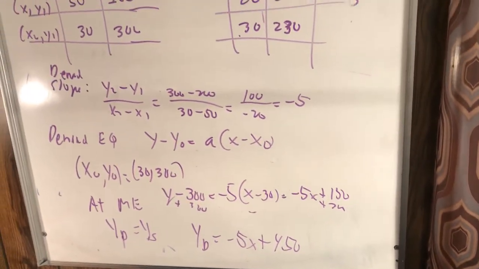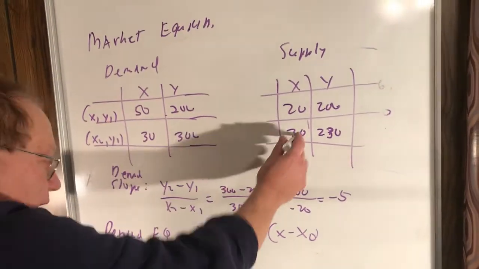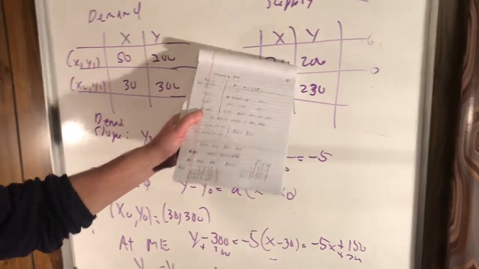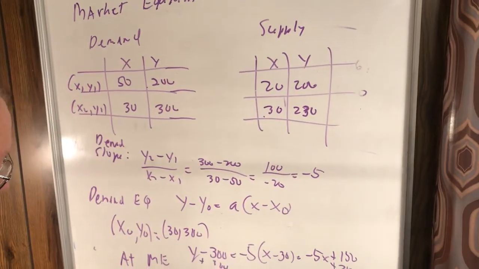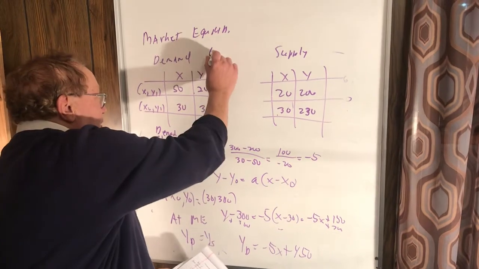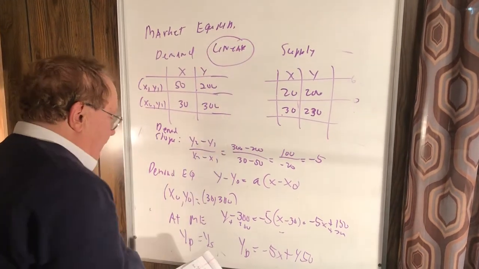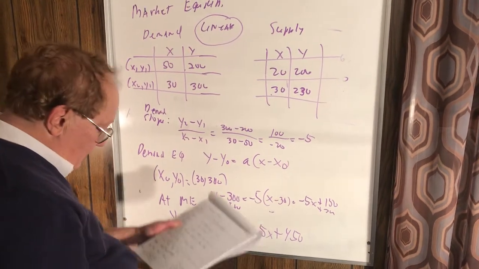Okay, we've done a whole number of these, but I just did the demand one. The supply one's done the same way. Find the slope, pick a point like 20 and 200. Y is 200. And you'll get a supply equation. This is going to be linear. We're only talking about linear here. We're not doing non-linear for this. And you'll figure out what x is and then what y is.